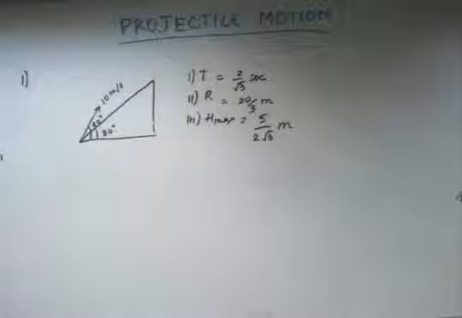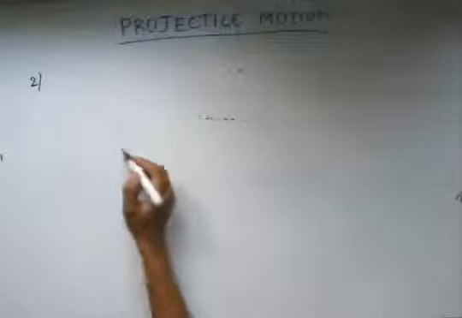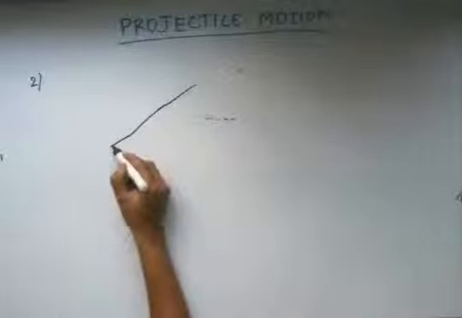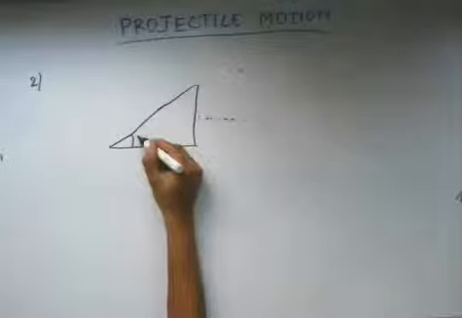So now we move on to our second problem. It says that we have an inclined plane with angle of inclination pi by 4.